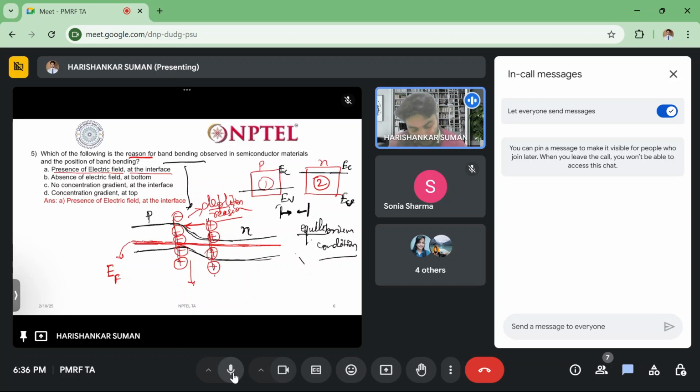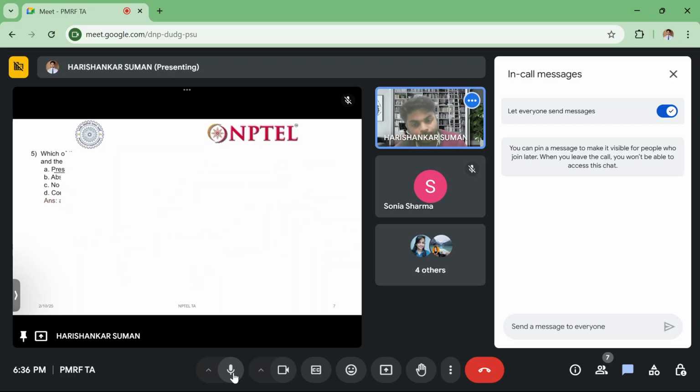So let's move. Or another way we can see the potential difference, which also gives the electric field. Next question.